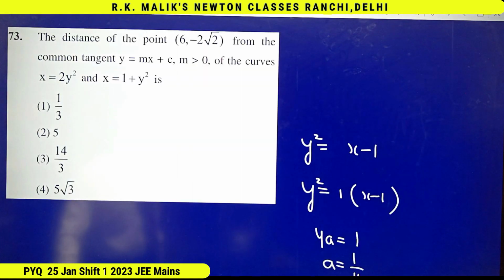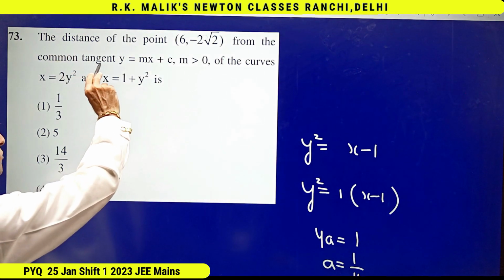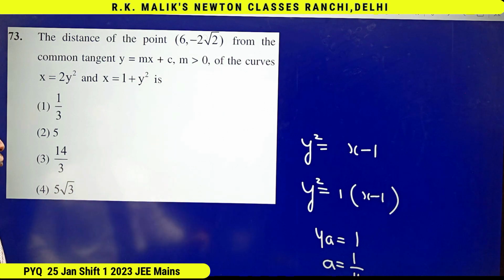And after getting the equation of common tangent, we have to find the distance of the point (6, -2√2).